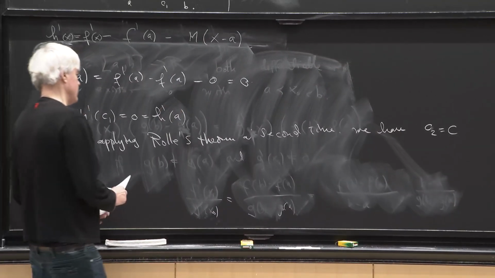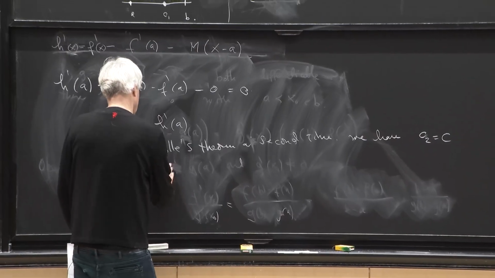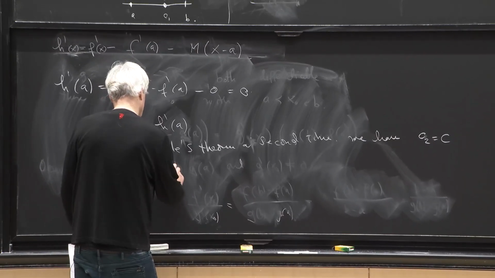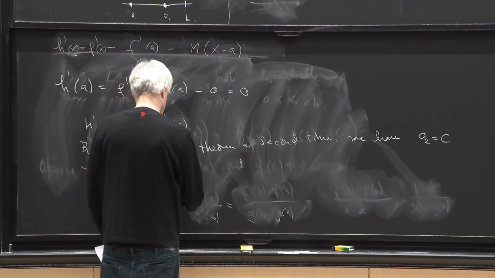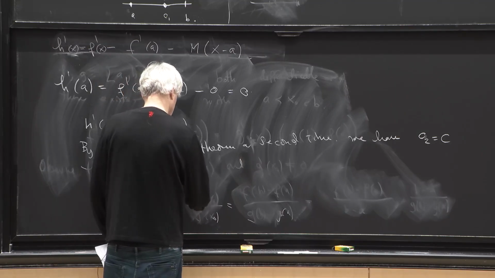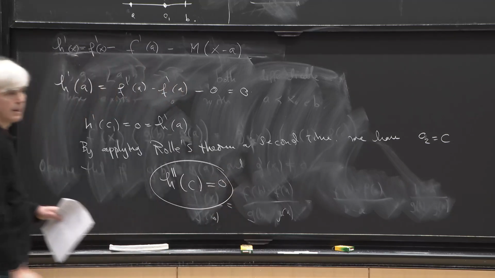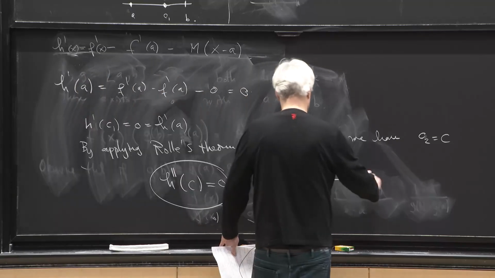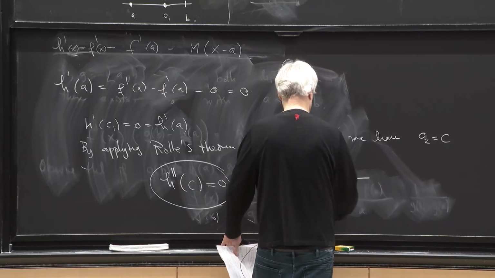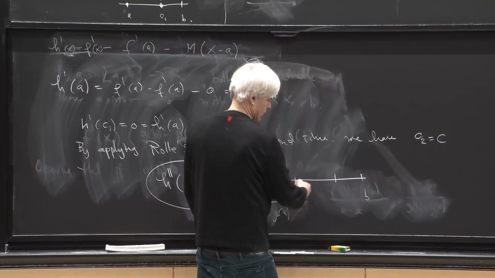So we have a second C where the derivative of the derivative, so the second derivative of h at that point, is equal to 0. Okay? And remember, when you applied Rolle's theorem, you started with A, you had here B, then you got C1, that was between these two.